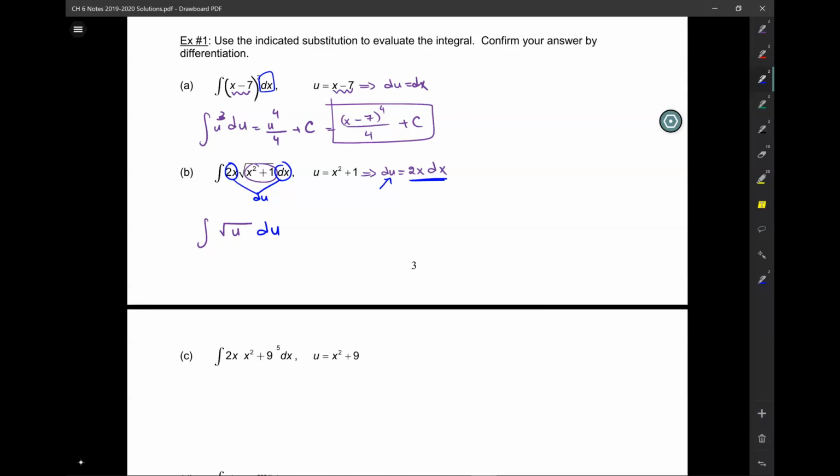Now, sometimes it's just that easy. It's just that convenient. It's just straight substitution. Sometimes I might have to manipulate this du dx in order for it to look like this. But no matter what, if you've chosen the correct u, it's like a puzzle.